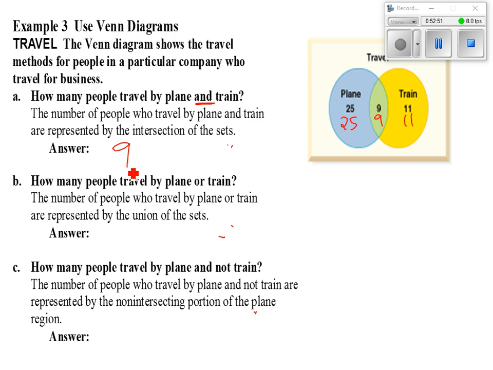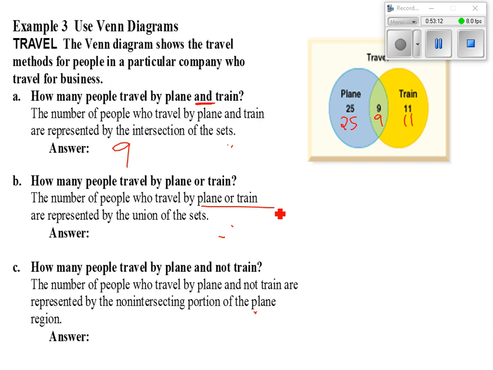Next one, the number of people who travel by plane or train. You could put either one. Is it 45? Do these people count? Yeah, because remember, this is what Peyton was trying to ask me before that I couldn't understand.